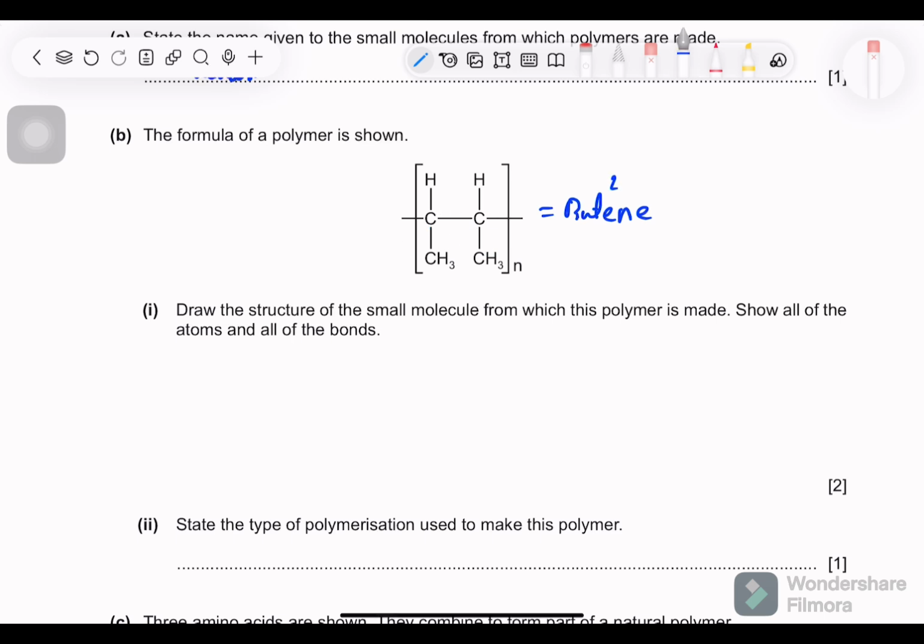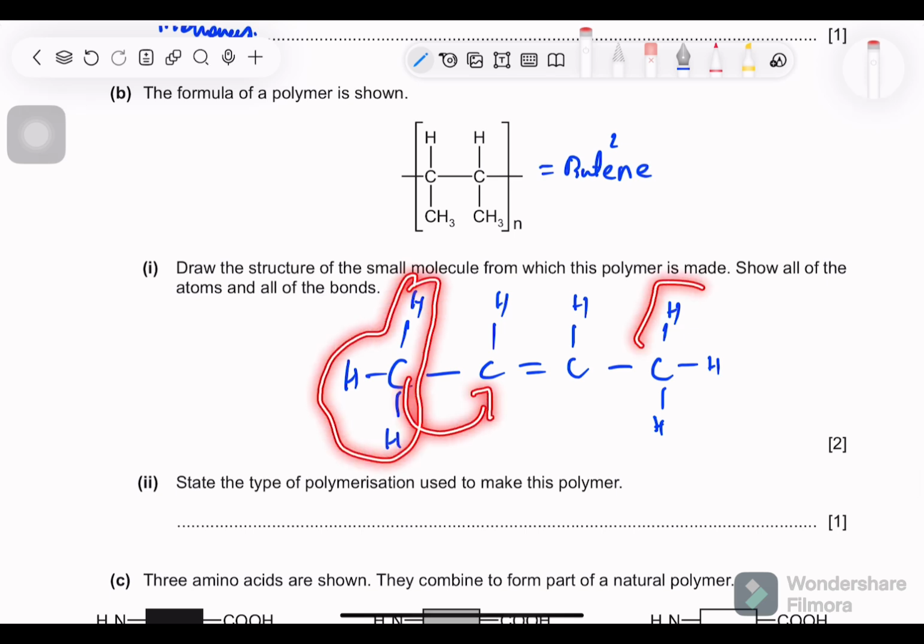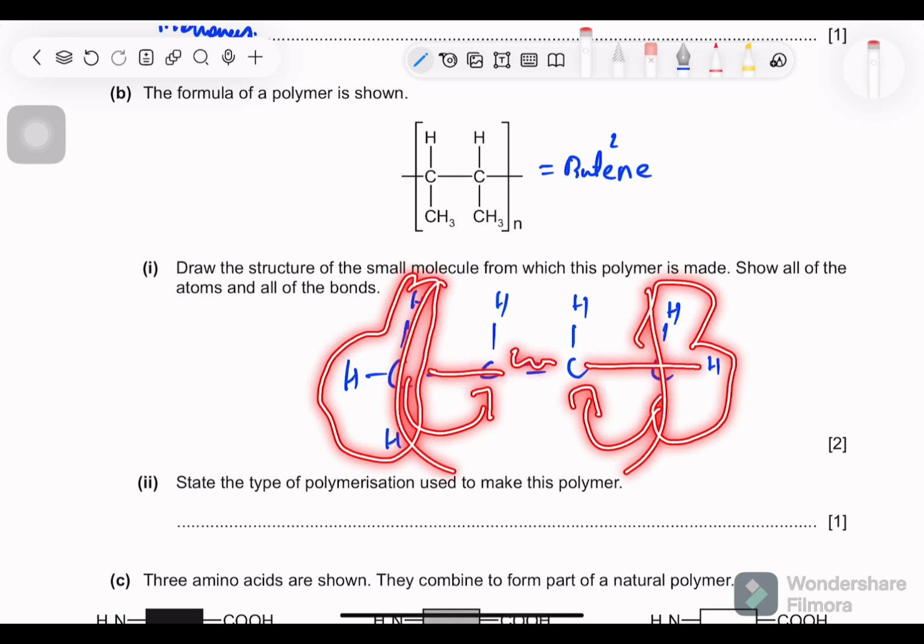So we just have to draw butene, CH3, C, double bond, and another carbon. So let's complete the structure. What happened was this went down, this also went down, this double bond broke, and this continued on forever.